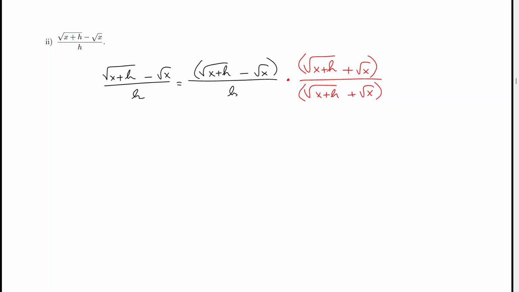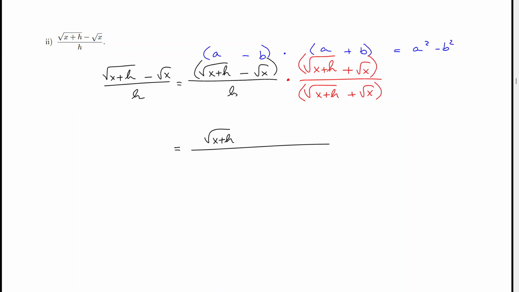Now, I'm going to use the pattern a minus b and then a plus b to FOIL the numerators very quickly. So because the pattern a minus b times a plus b gives me a squared minus b squared, I'll take advantage of that and write down the square of the a. So my a is x plus h.